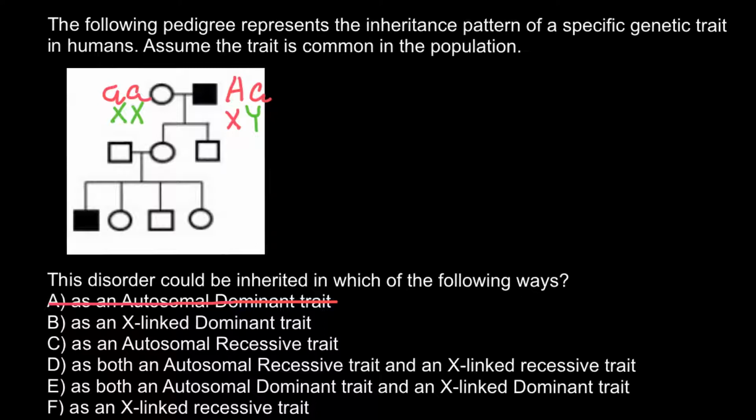So if it is going to be an X-linked dominant trait, then this person here also has to inherit this dominant X-linked trait through his mother. And of course, because he is male, he has to have a normal Y chromosome inherited from his father's side.